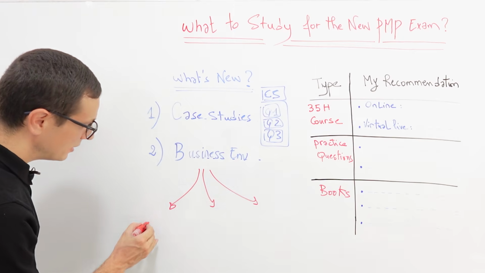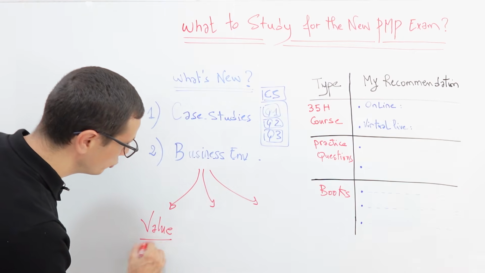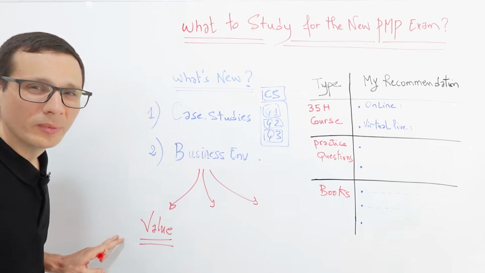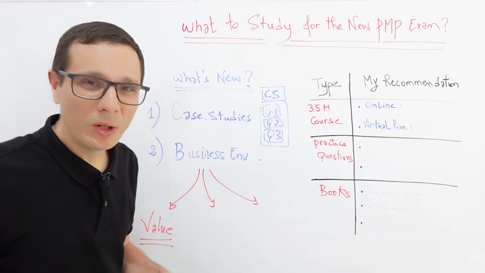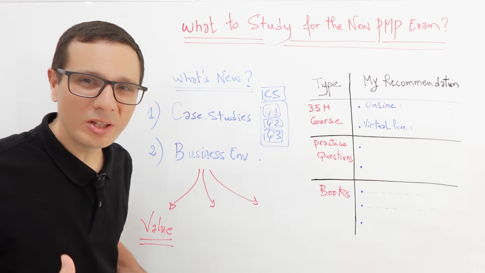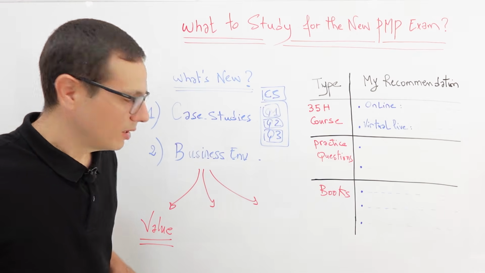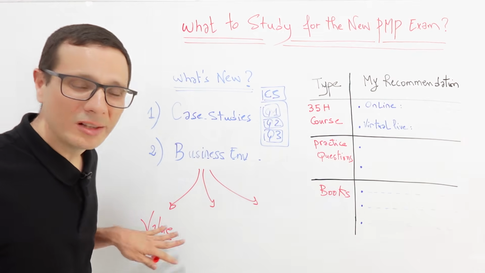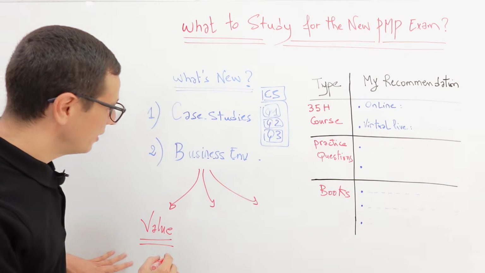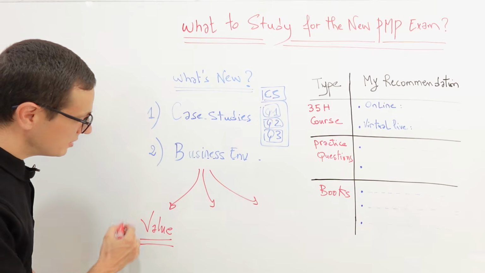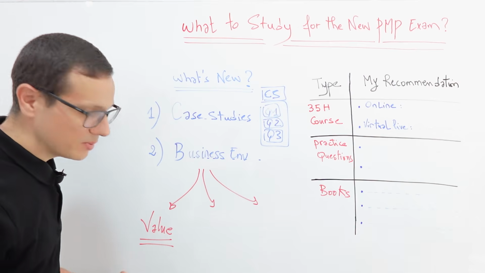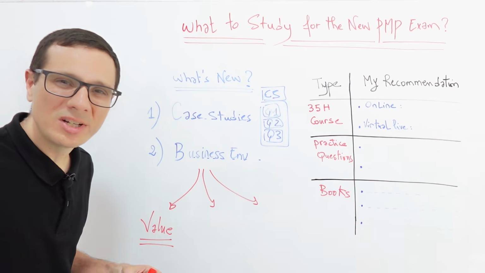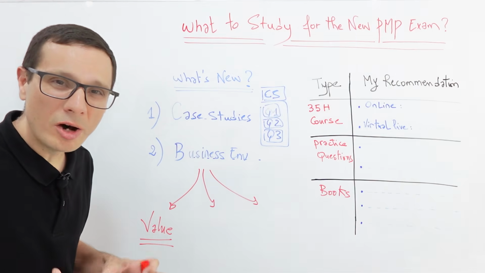The first thing is that the project manager should now focus on value, and they need to have a holistic view. They need to always focus on the ultimate objective of what they are doing. They need to always review the ultimate goal of the project, and that's related to the business environment and creating the outcomes of the project instead of just focusing on the outputs.